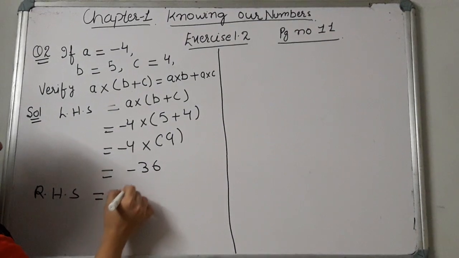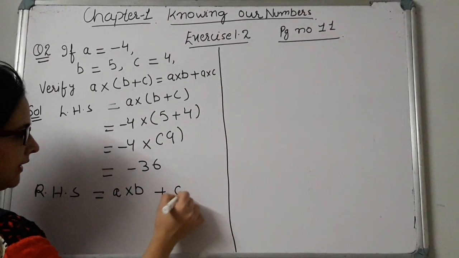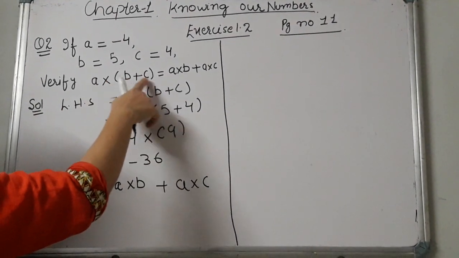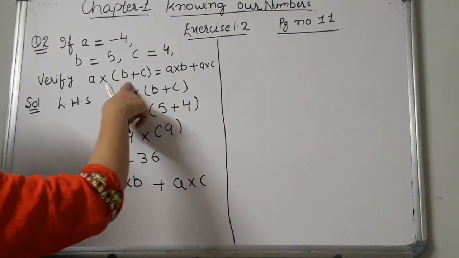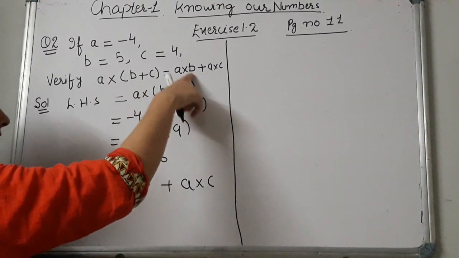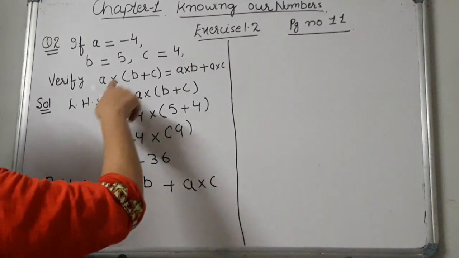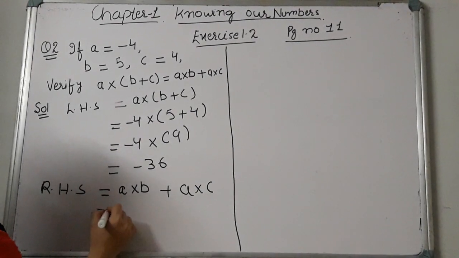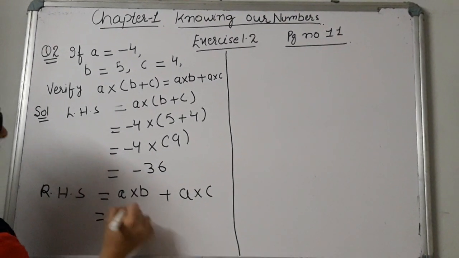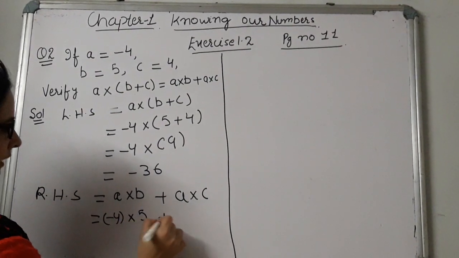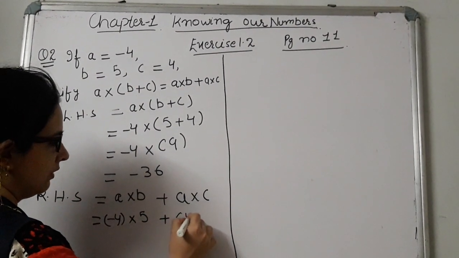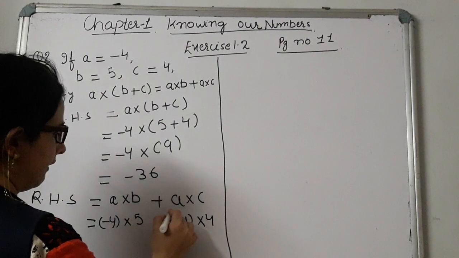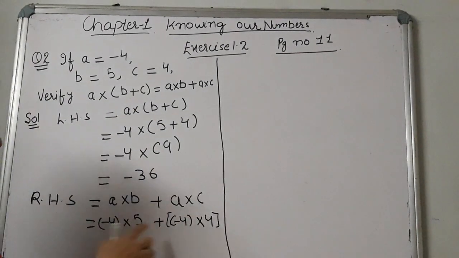Right hand side is equal to A into B plus A into C. Here A is common to both B and C. That is why if we open the bracket, A will be multiplied by B, in the middle the sign is plus, and A will be multiplied by C. Now instead of A we write -4 into, instead of B, 5 plus again -4 into, what is C? It is 4. Here we can put one more bracket so that we can identify it.